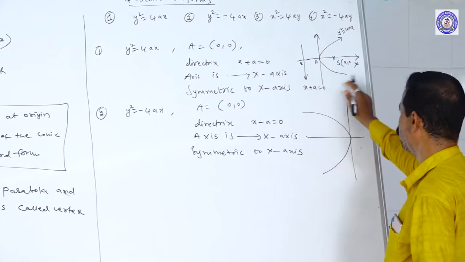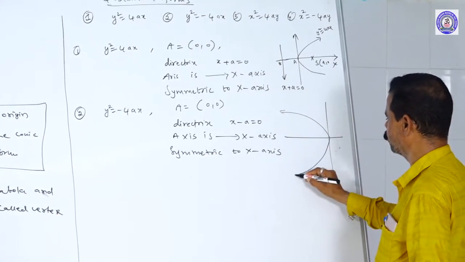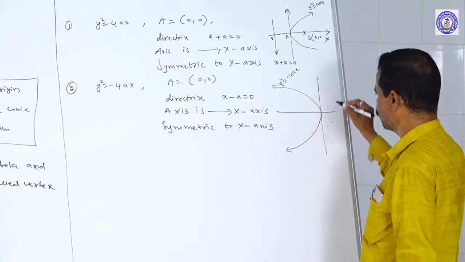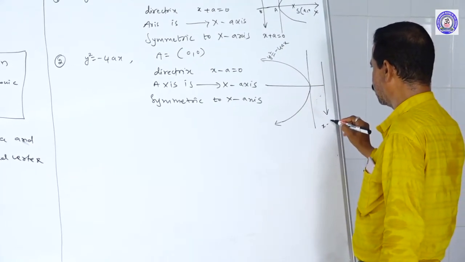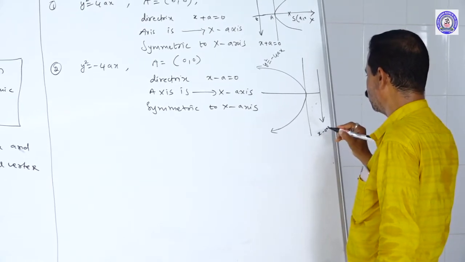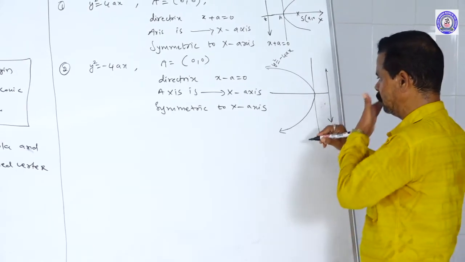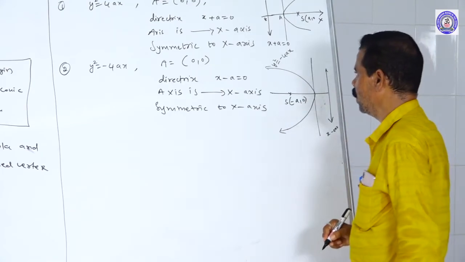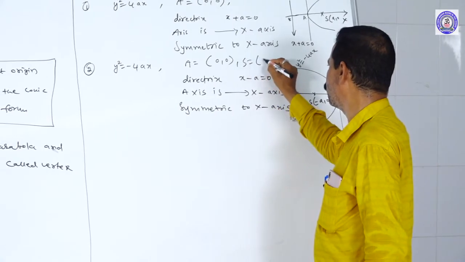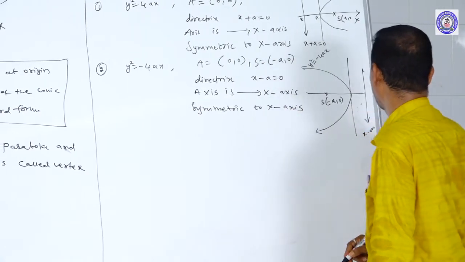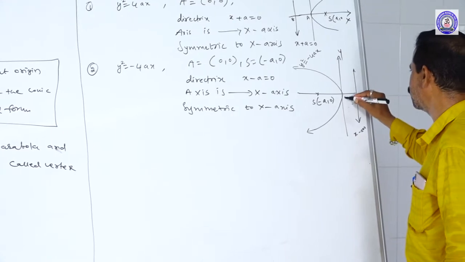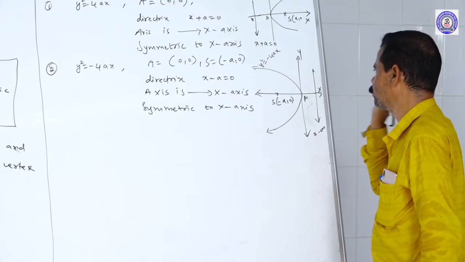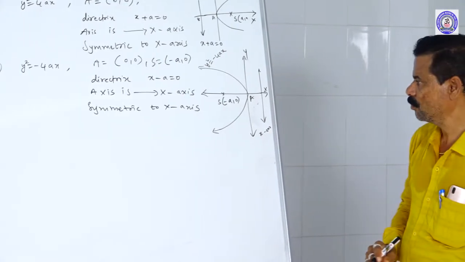Here it opens to the right side, here to the left side. This is y square is equal to minus 4ax. Here the directrix is x minus A is equal to 0. This is the point S, and S is equal to minus A comma 0. This is the y axis, the vertex A, and this is the x axis. This is the second form.